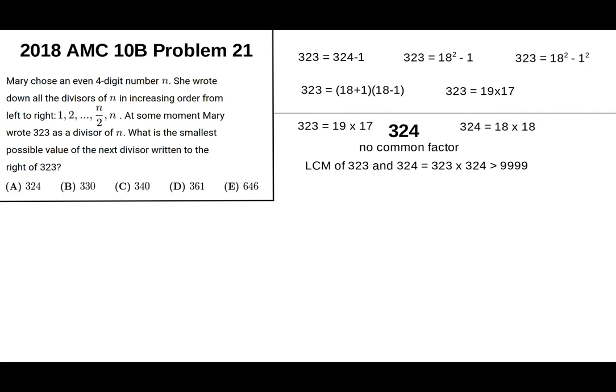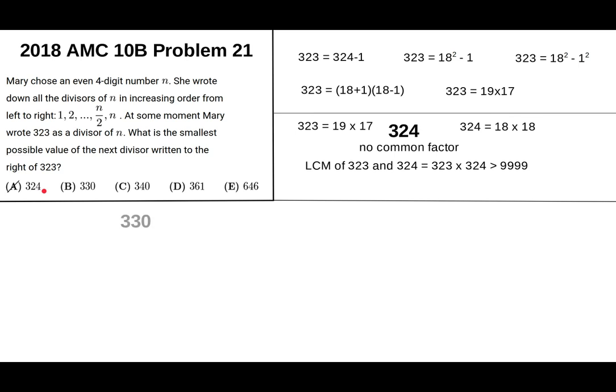We don't need the LCM, we can just find a common multiple, but we'll use the LCM to keep it simple. 323 times 324 is greater than 9,999, so it has more than 4 digits. We can't use this because n has to be a 4-digit number, so we can cross out 324.